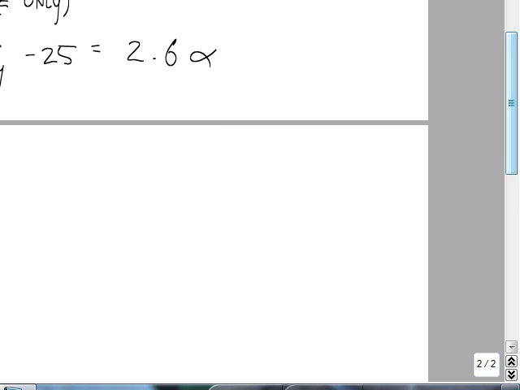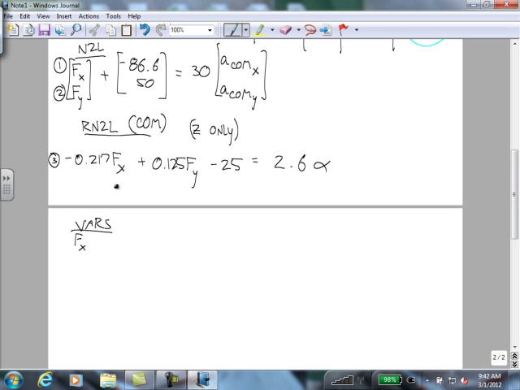So we have fx, fy, a comx, a comy, and alpha. So 5 variables and 3 equations.